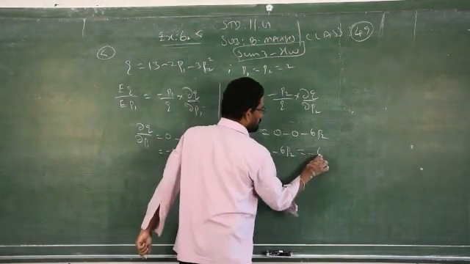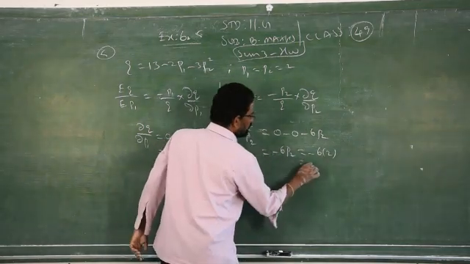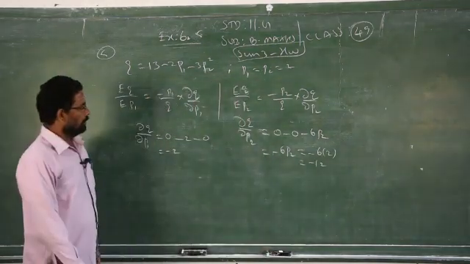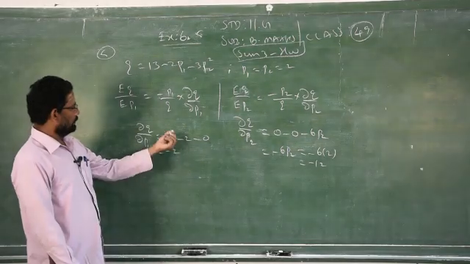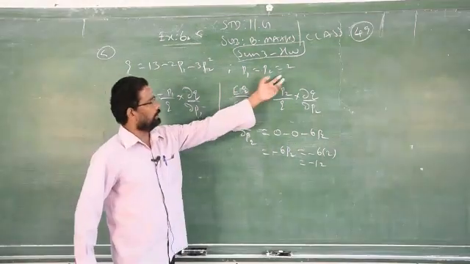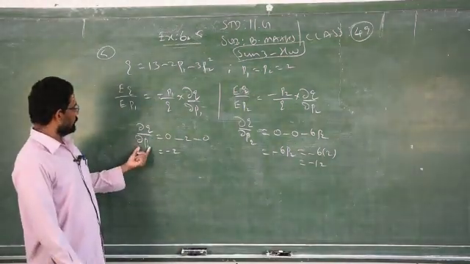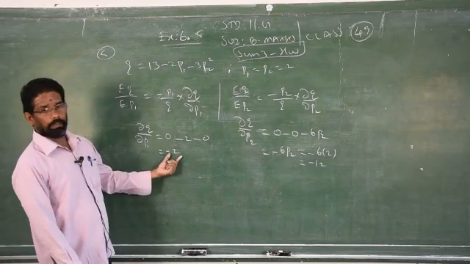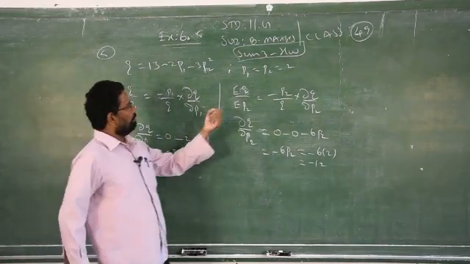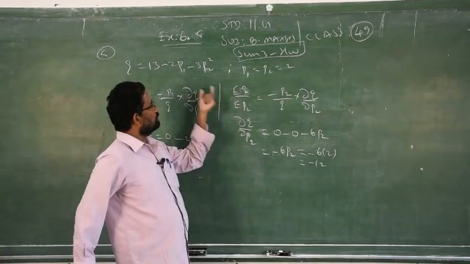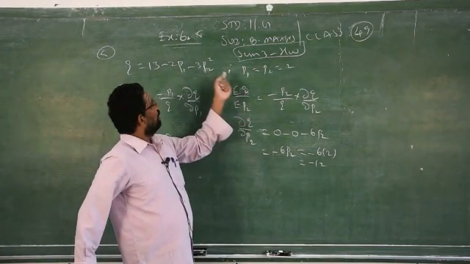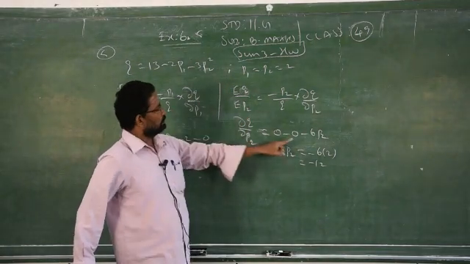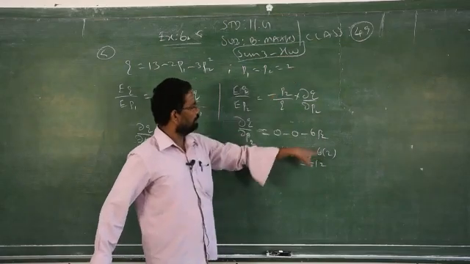So you have to replace it, 6 of 2, so the answer is minus 12. Here there is no P1. If it is P1, then you have to replace P1 by 2. But when I differentiate partially with respect to P1, I did not get P1, I got the answer directly. Whereas when I differentiate the function Q partially with respect to P2, I got 6P2, so I replace P2 by the given value.